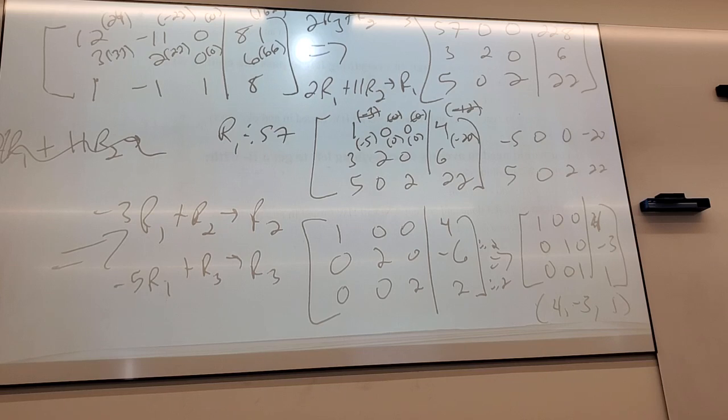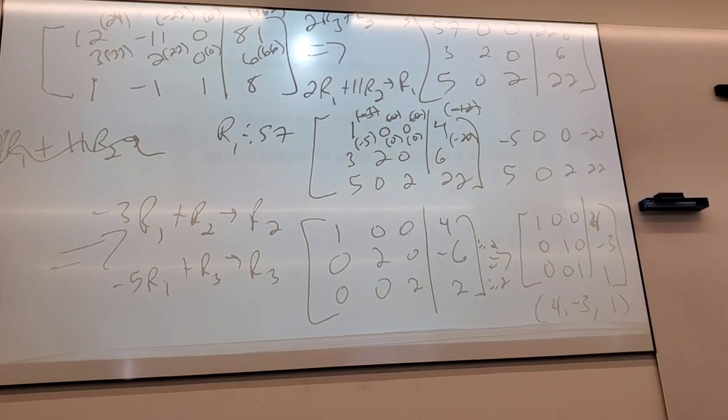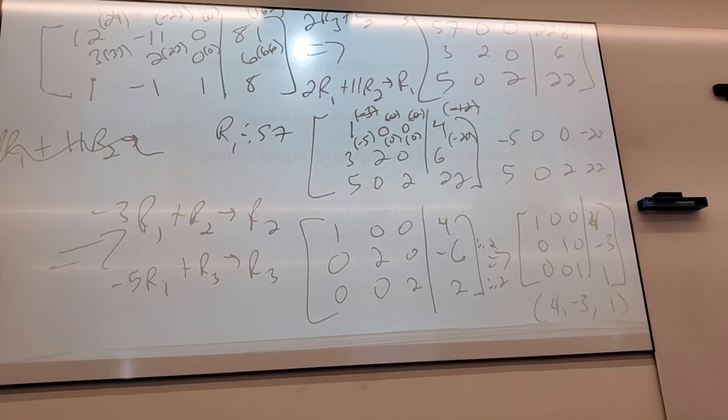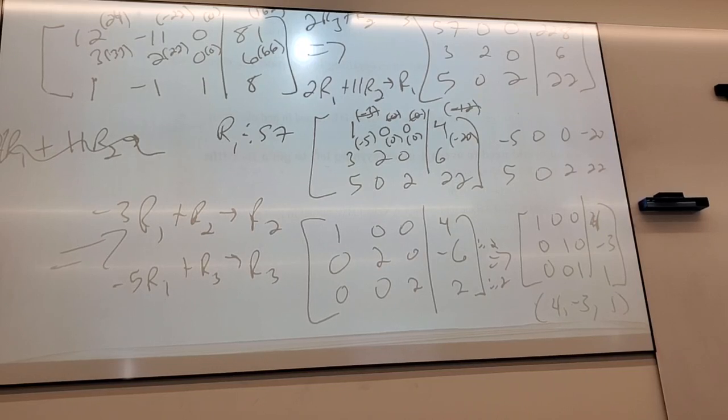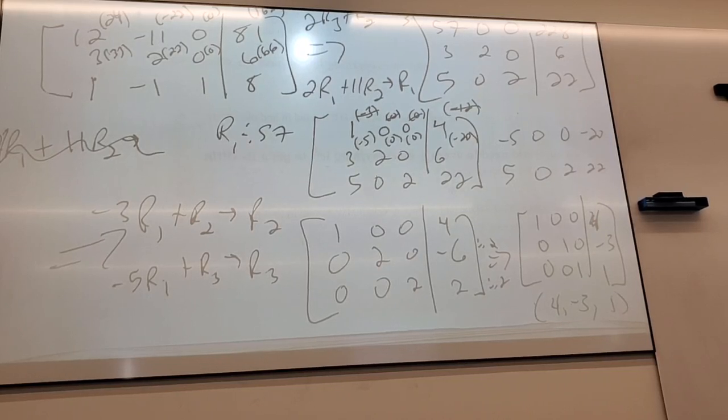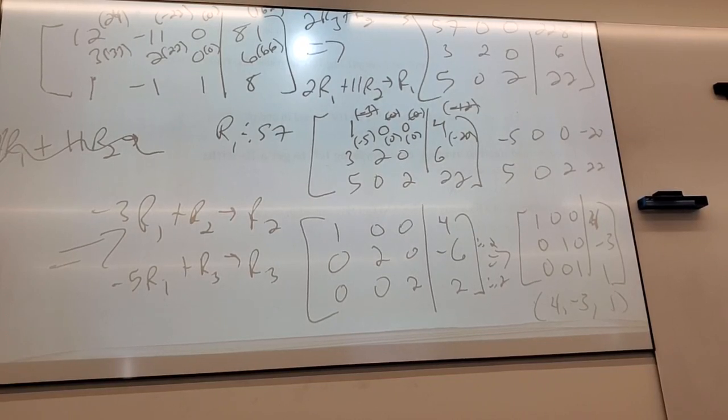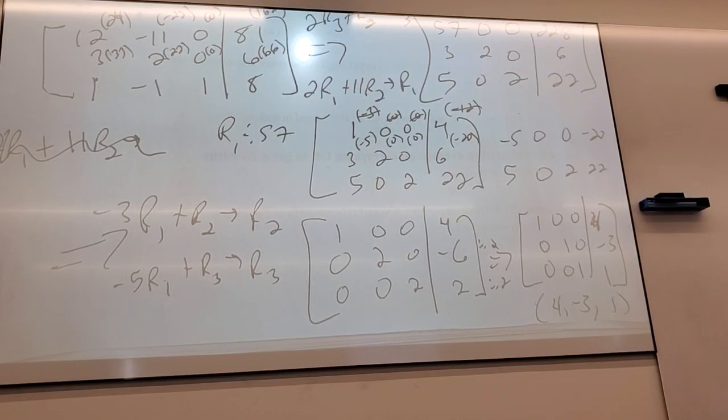Didn't I change this row to be -5, 0, 0, -20? So why didn't I write -5, 0, 0, -20? Because I'm going to divide by the -5. That's why I write it in parentheses, because I'm not really changing it. I just need it to be like that for a moment. So in this case, I can kill the 5. Once that's done, I don't need the -5 form of it. We can go back to being 1, 0, 0, 4.